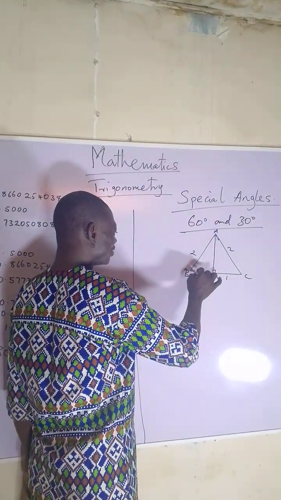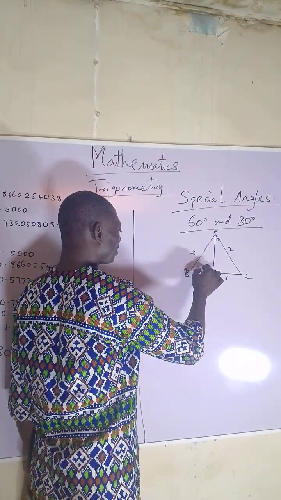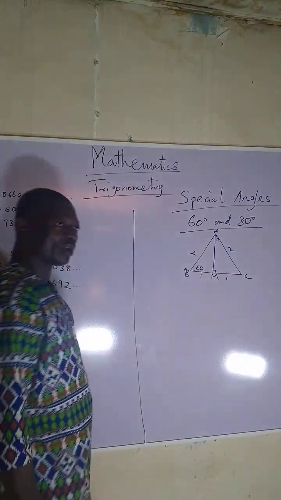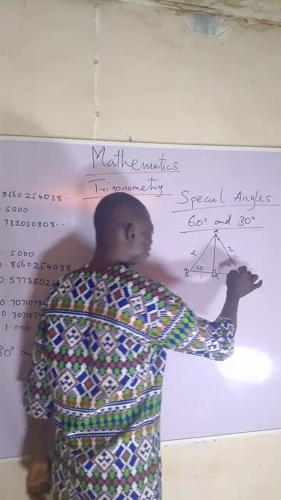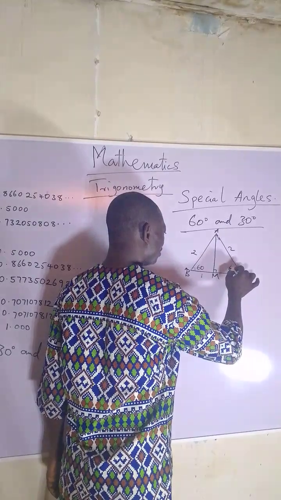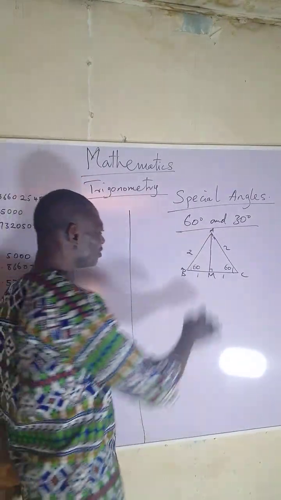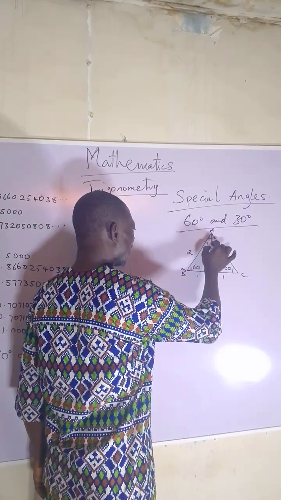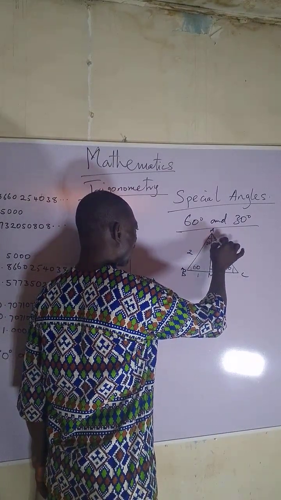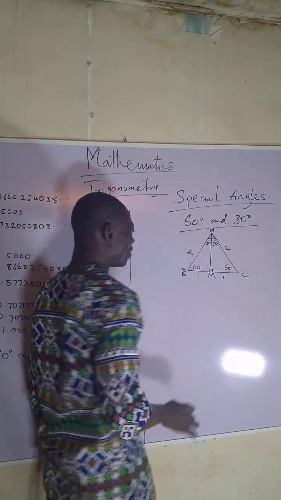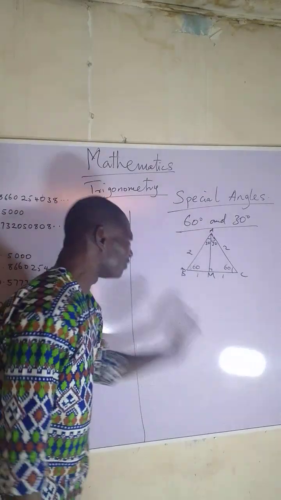Knowing very well that 60 is here, remember, an equilateral triangle has 60 degrees in all 3 places. And when we have bisected this angle, we have here 30 degrees, and we have here 30 degrees. We are going to use only one part of this.